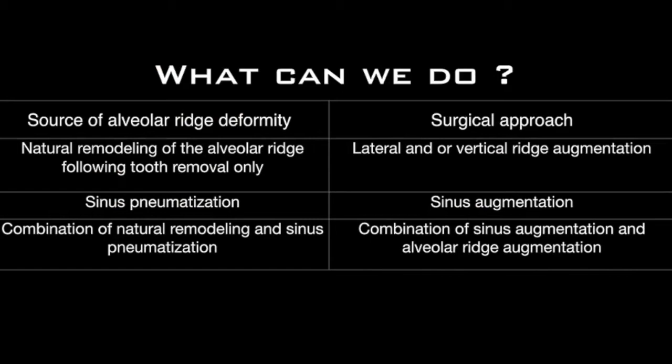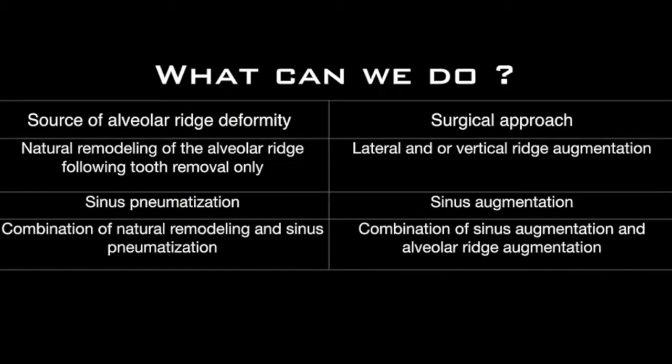You're going to learn different techniques and you're going to be able to choose which one you like the most. Or you can have a combination of a natural remodeling of the ridge and the sinus pneumatization, where it becomes even more complicated because you would have to do a sinus augmentation and alveolar ridge augmentation at the same time.